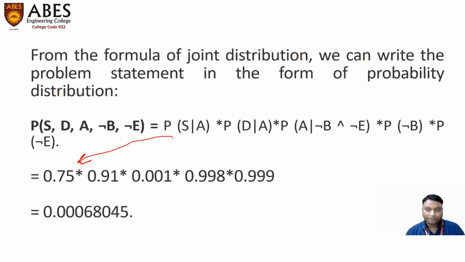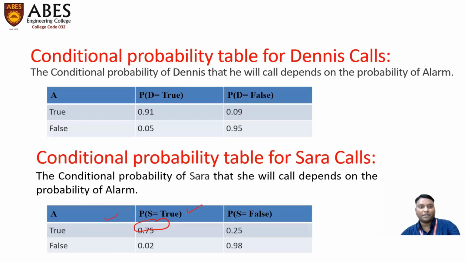In the same way, we can write the value of Dennis given alarm. So we can check it with the table of Dennis. Here, value of Dennis calls is true. Value of alarm is true. So the intersection value is equal to 0.91.